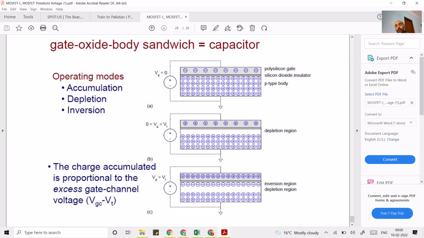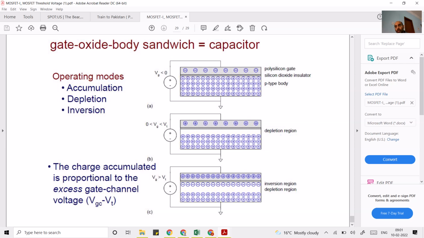Later on, while discussing the current flow, we just have to use the drain current equation in the circuits, and that doesn't require these energy band bending diagrams. But as I have already told you, that particular thing is required to understand the threshold voltage formation. Once you have the threshold voltage and know what factors it depends on, you can use it directly, and you don't even have to derive it.